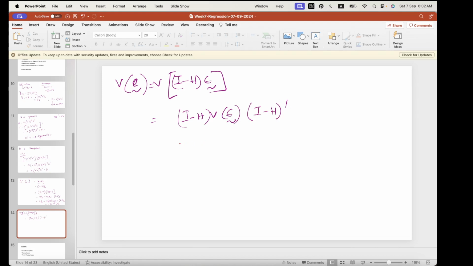So then this is (I − H) σ²I (I − H), which is σ²(I − H) squared. Now since H is idempotent, I − H is also idempotent, and therefore σ²(I − H) whole squared will also be equal to σ²(I − H).